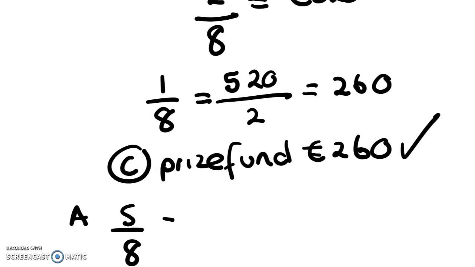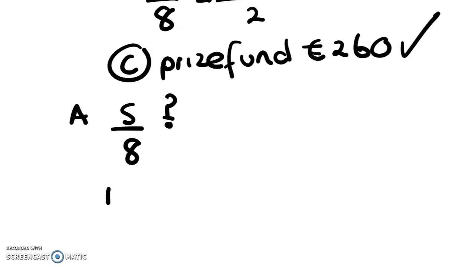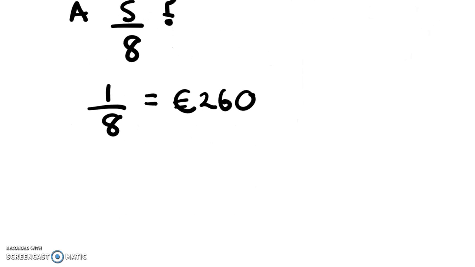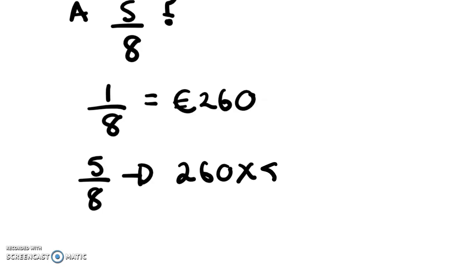We don't know how much money 5/8 represents, so I'll put a question mark, but I do know 1/8 is €260. So if 1/8 is €260, then 5/8 will be 260 times 5, and that's €1,300.